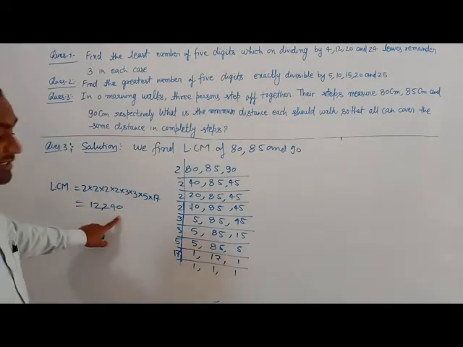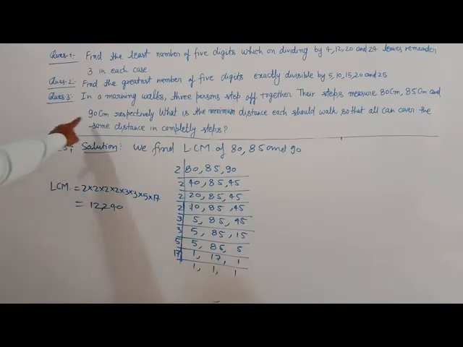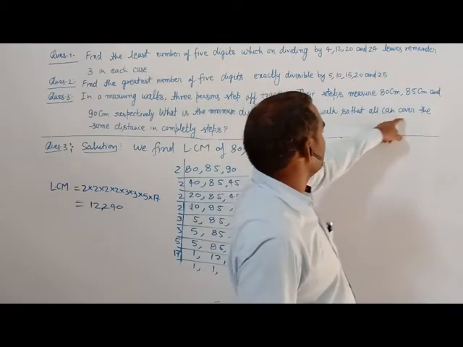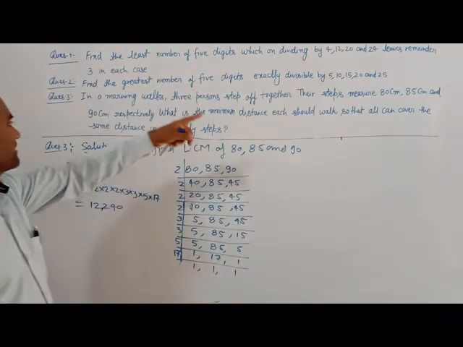This is in centimeter. So what distance should each walk so that each covers the same distance completely?